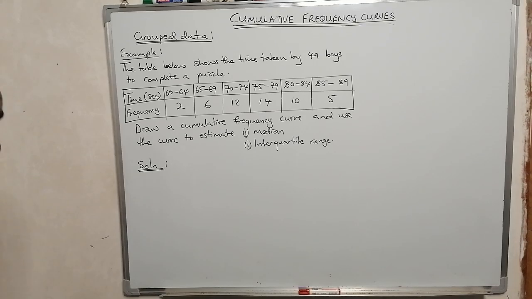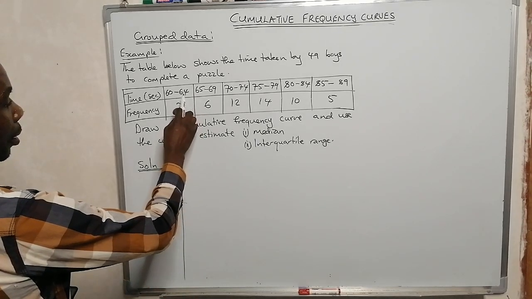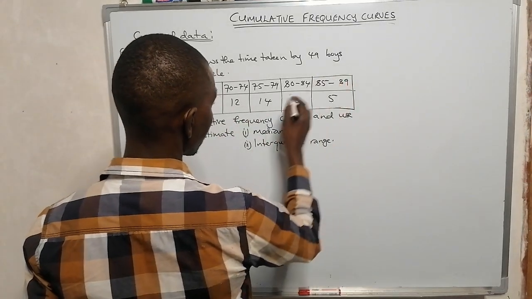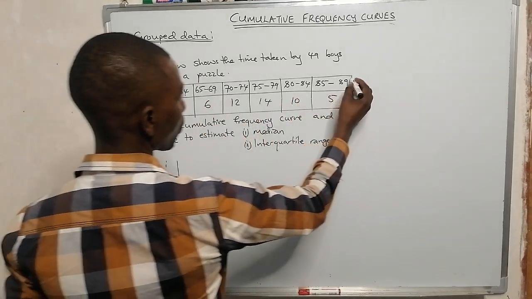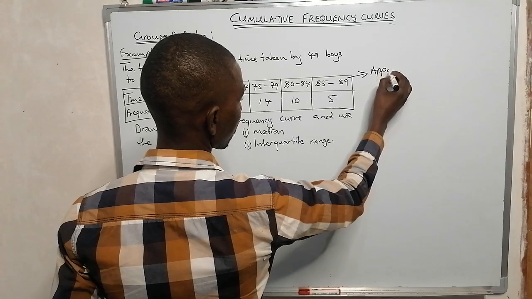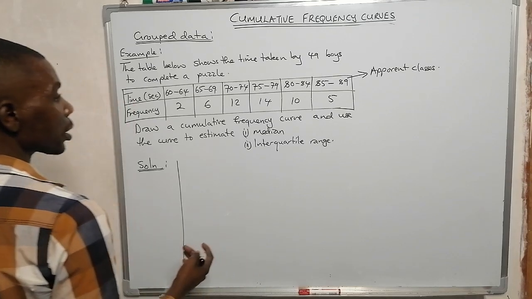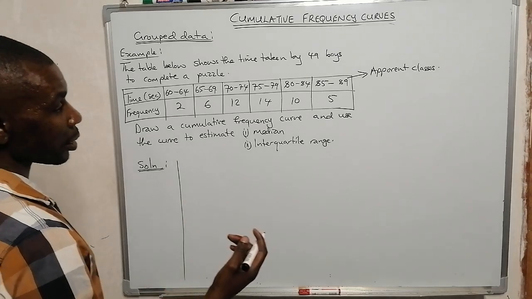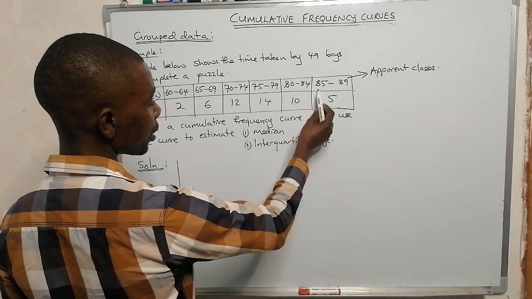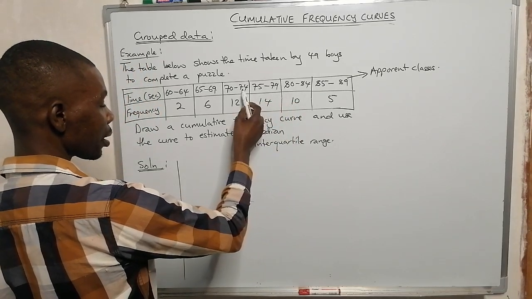Now we have to redraw another table. Remember, these are apparent classes, since this number is different from this one, is different from this one. Now we want to construct a table with real classes. When we are changing from apparent classes to real classes, we take the difference between 85 and 84, or 80 and 79, or 75 and 74.